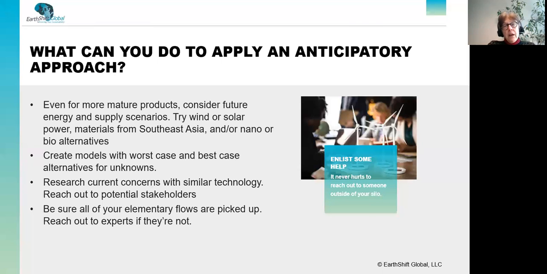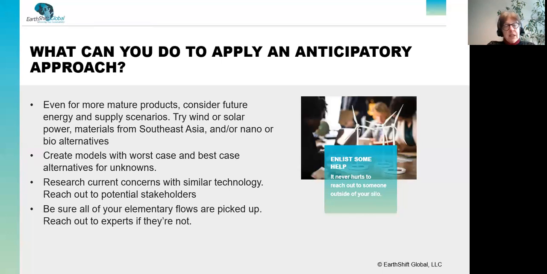With the algae study that I first talked about, the researchers that I was working with didn't have any idea what the scale up would look like and how the energy consumption might be reduced by bigger pumps, bigger ponds, etc. And so he reached out to an expert who knew, and that was really useful.